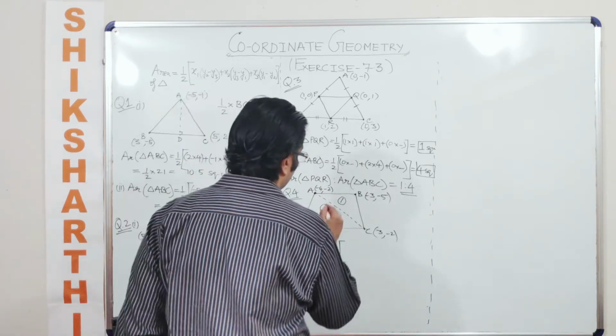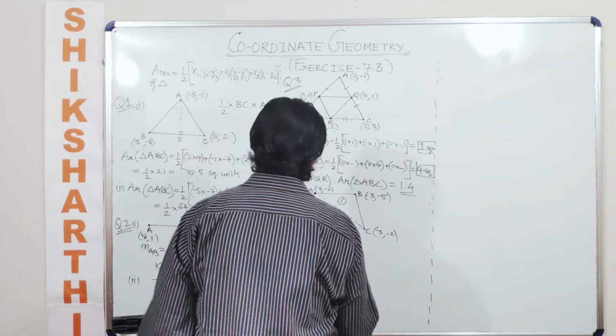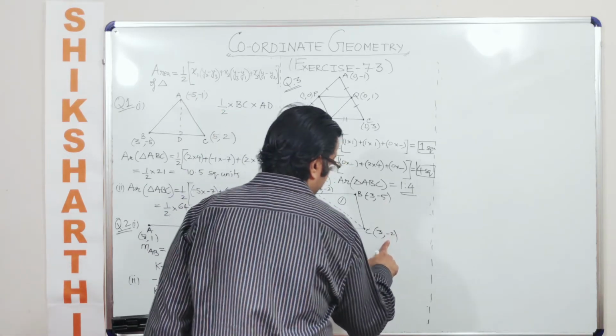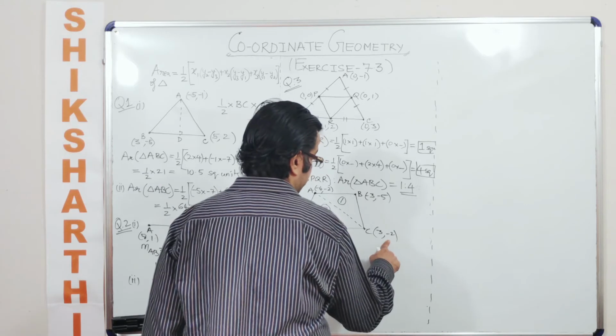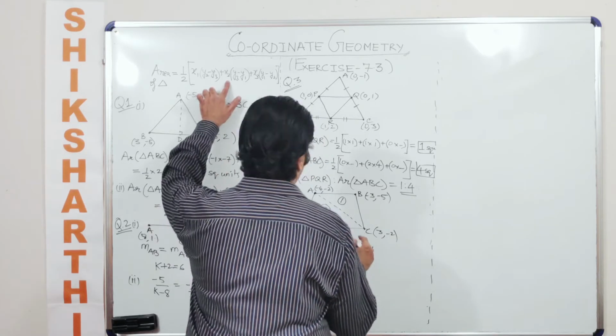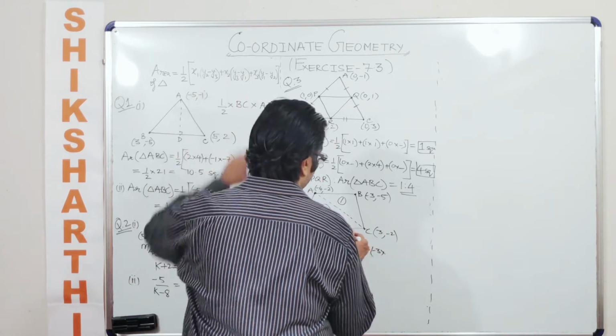Now let me use the same formula which says x1, which is -4, into y2 minus y3. So y2 minus y3 will be -5 plus 2. Now -5 plus 2 is -3, plus x2, so the value of x2 here is -3, into y3 minus y1.